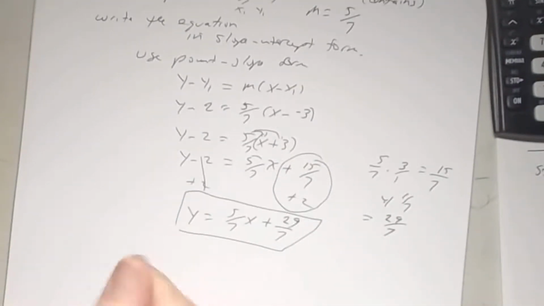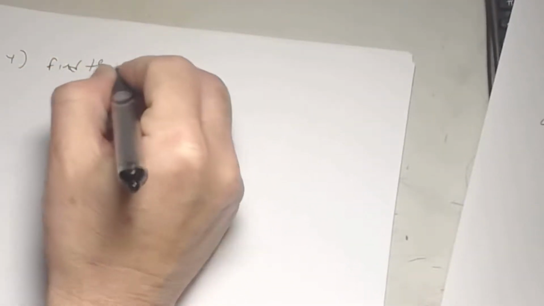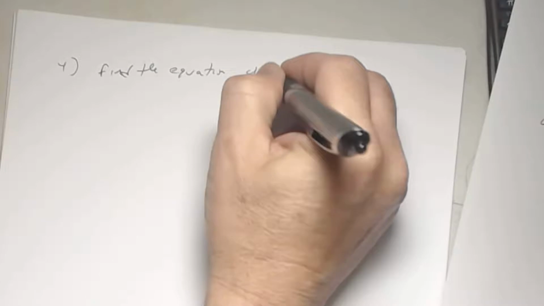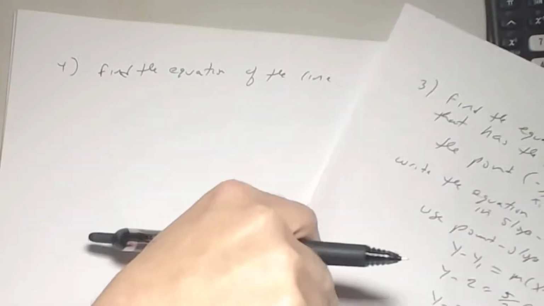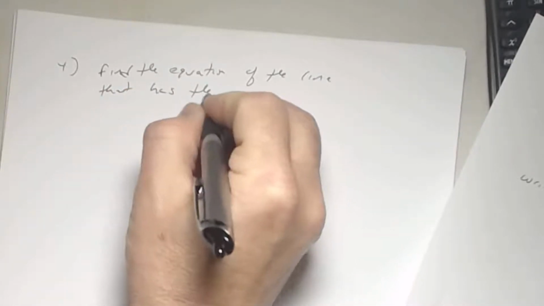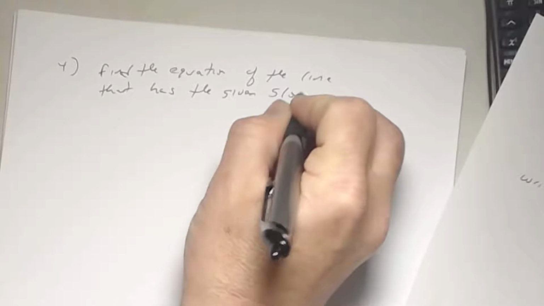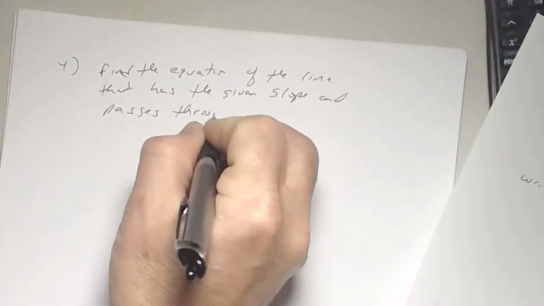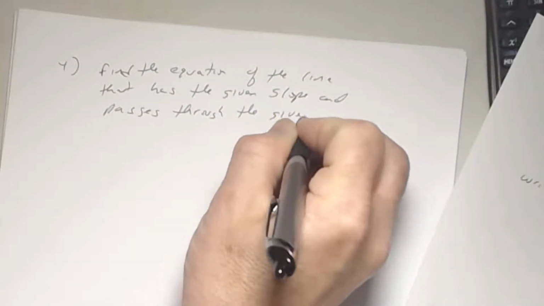So let's do one more like this, see what happens. Okay, number 4. All right, so again, you're going to find the equation of the line that has the given slope and passes through the given point.